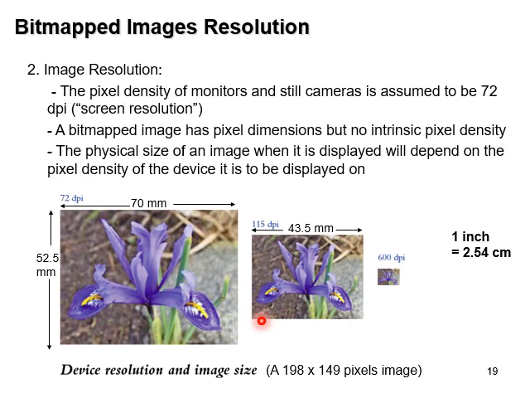So let's have an example. Let's assume we have an image and that image has 198 columns by 149 rows. If you take that image and display it on a device that is 72 dots per inch, this is how the image would look. If you take the same image, same number of pixels, and display it on a device that has 115, given that we're talking about dots per inch, let's assume we are printing.